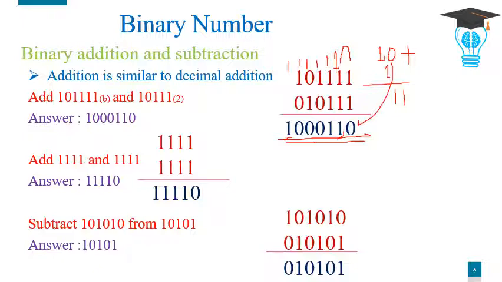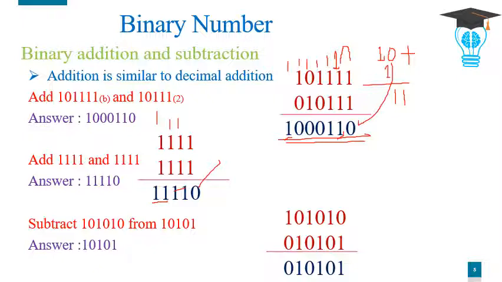Writing 0 here, taking a carry to the next bit. Next bit is 1 plus 1 plus 1 is 1 with the carry 1. Again 1 plus 1 plus 1 is 1 with the carry 1. 1 plus 1 plus 1 is 11. 1 plus 1 is 10 plus 1 is 11.